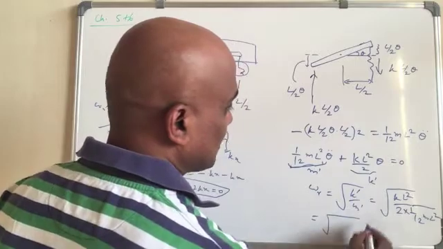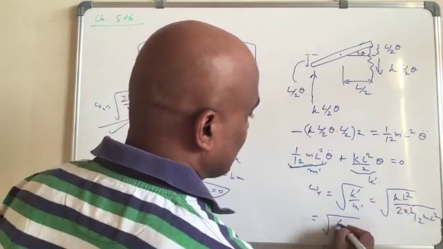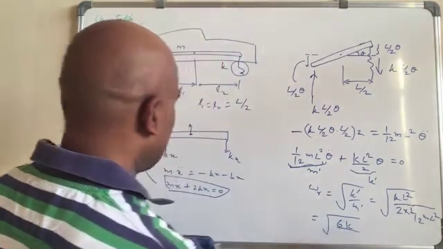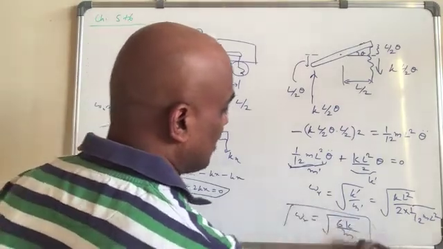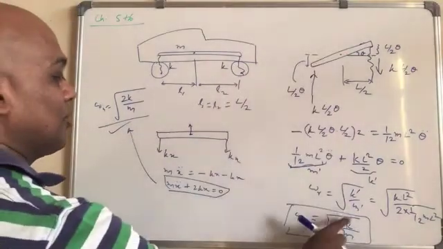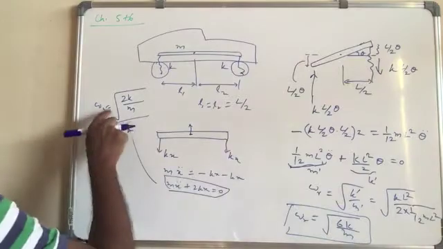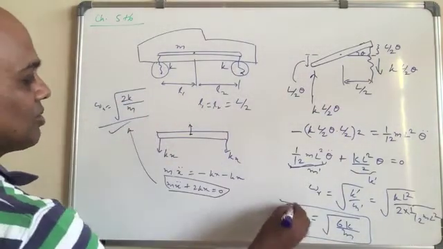L square cancels out, and you get 6k over m. So for purely rotational, root 6k over m. For vertical, root 2k over m. You put the value of k and m, you get the values for both.